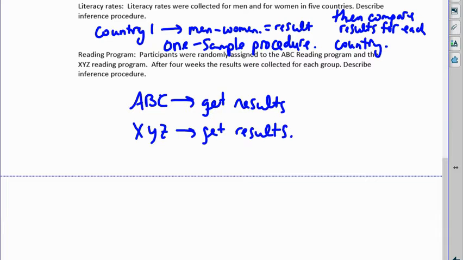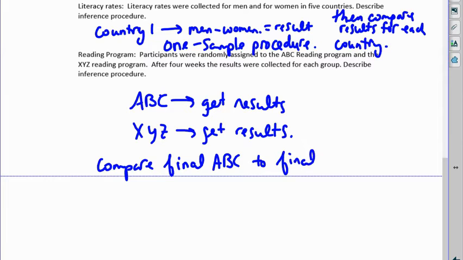And now we're going to compare final ABC to final XYZ. That is a 2 sample procedure.